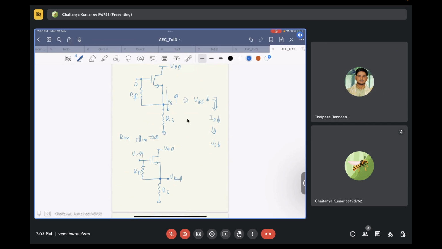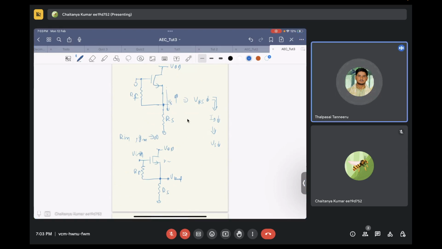If GM tends to infinity, what will happen to the controlling voltage? What is the controlling voltage in this case? VS. Yes, V out.